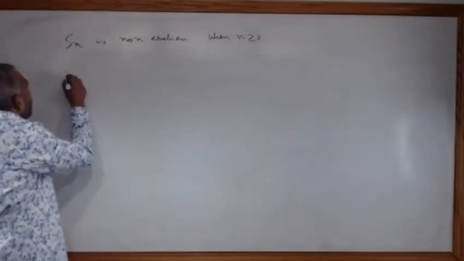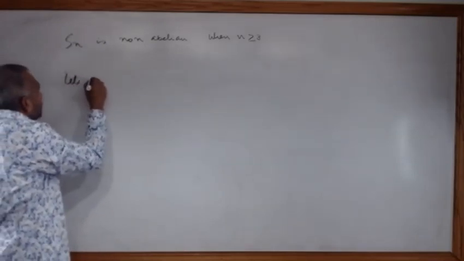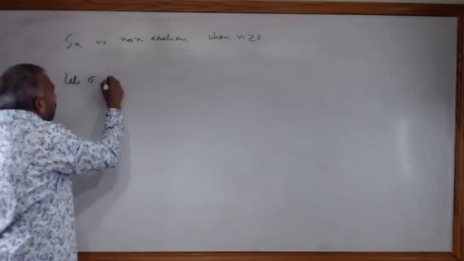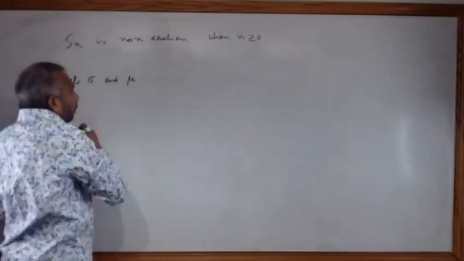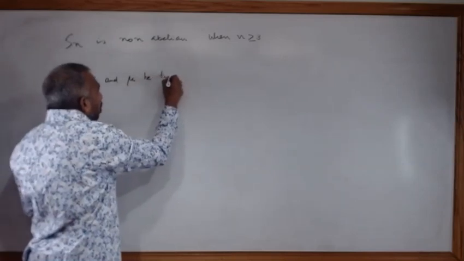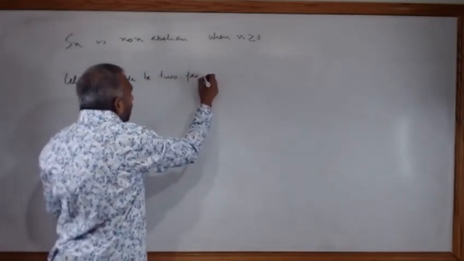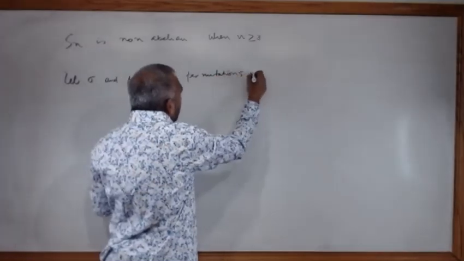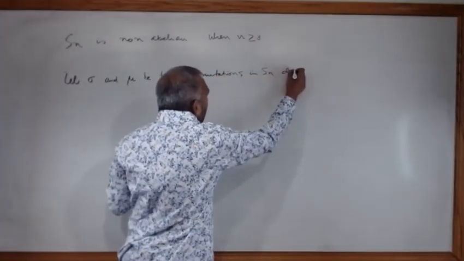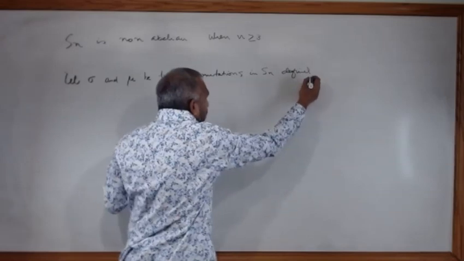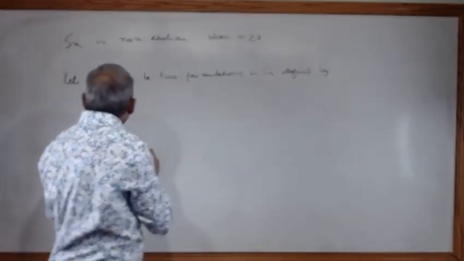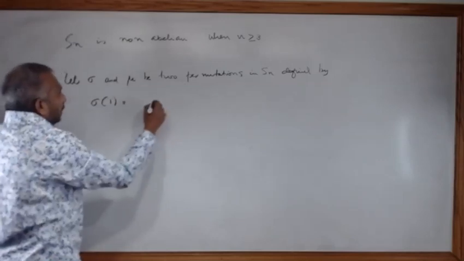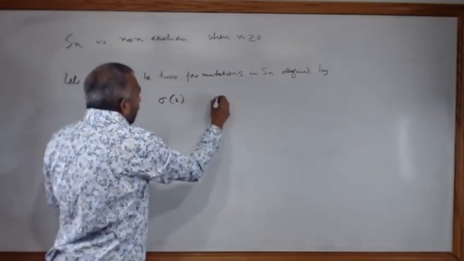So let sigma and mu be 2 permutations in Sn defined by sigma of 1, sigma of 2, sigma of 3.